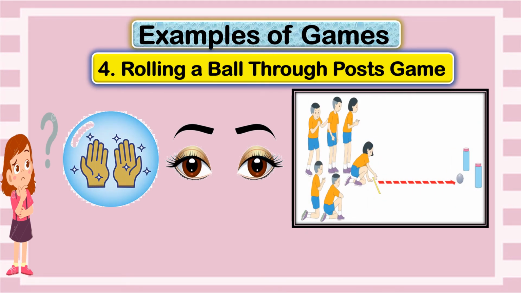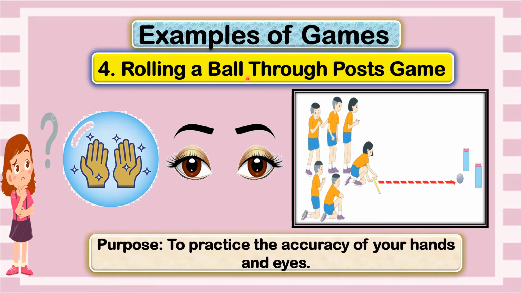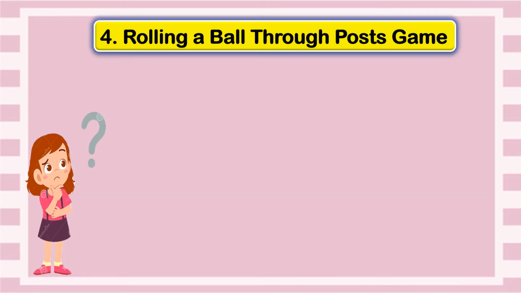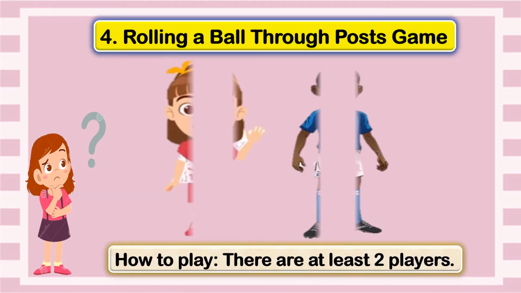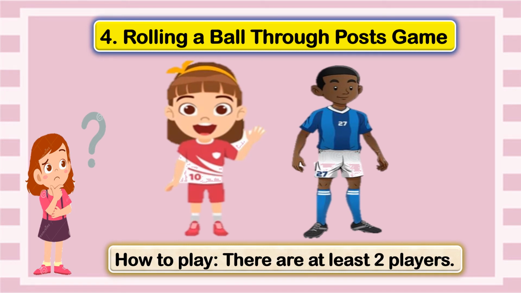Now let's go with number 4, which is about the rolling a ball through posts game. What is the purpose of this game? It is to practice the accuracy of your hands and also your eyes. Now how to play this game: there should be at least 2 players or more.